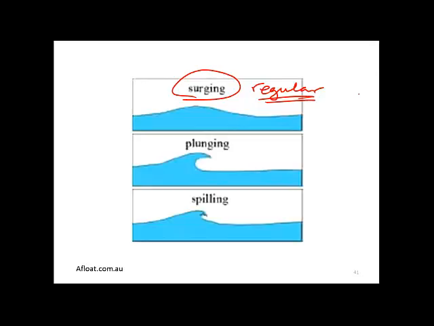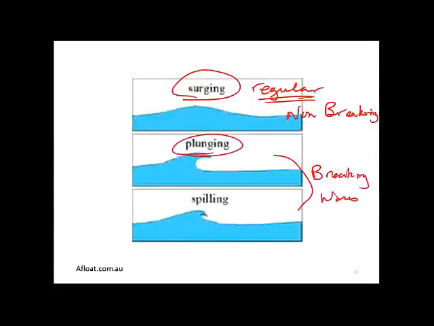So that's just your wave that gently moves through the water. There's no breaking. So this is a non-breaking wave here. Doesn't break. And then there are two types of breaking waves. One is the plunging wave, and the other is the spilling wave.